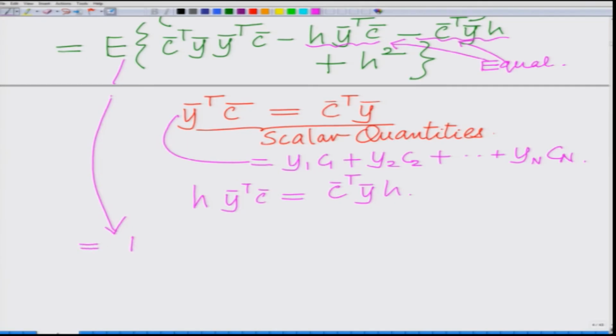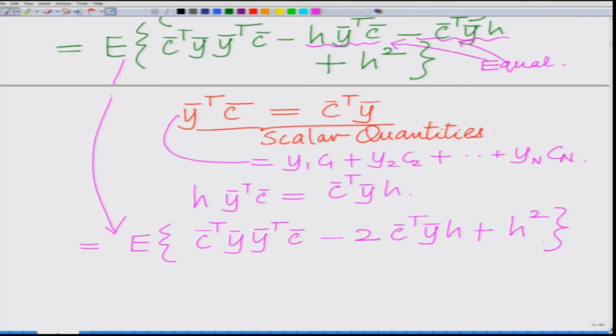This is therefore going to be equal to the expected value of C bar transpose y bar y bar transpose C bar minus twice C bar transpose y bar h plus h square, where we use the property that h y bar transpose C bar equals C bar transpose y bar h.